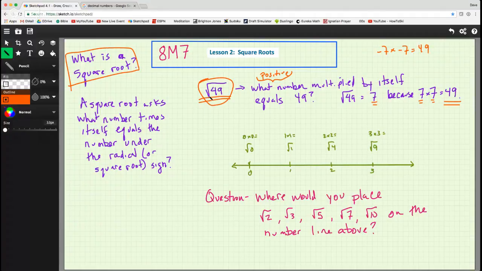However, when we use this square root sign, we mean the positive number, because there's two numbers that multiplied by itself will give you a positive number, but we don't want these negative numbers when we use this sign. If we wanted the negative version, we would say negative the square root of 49, and that equals -7.